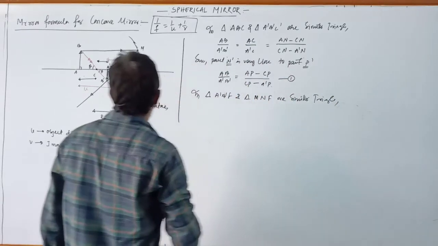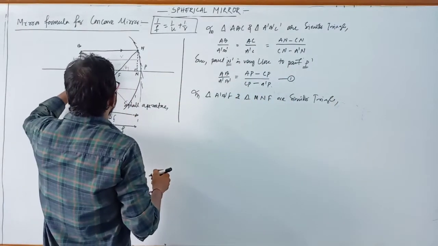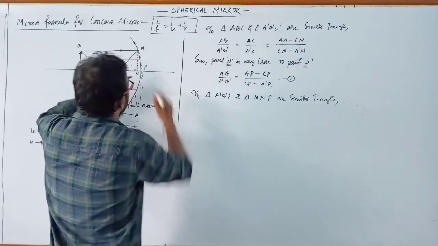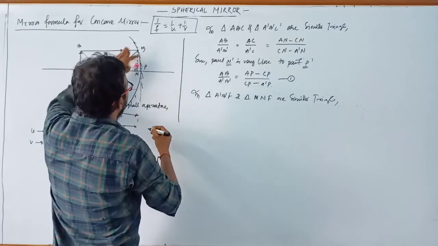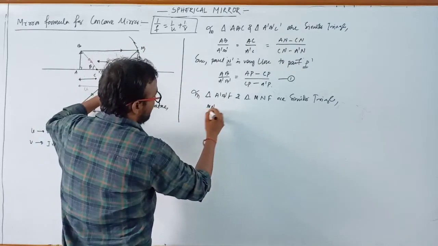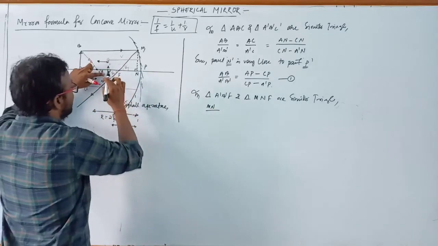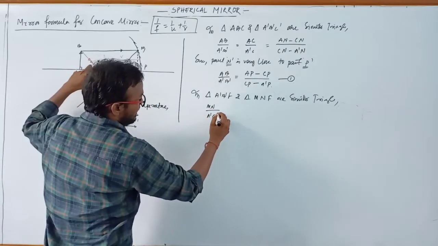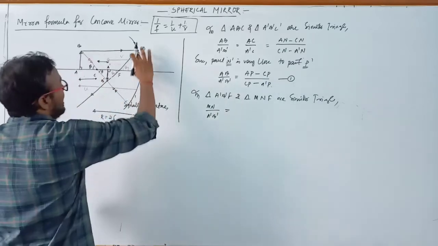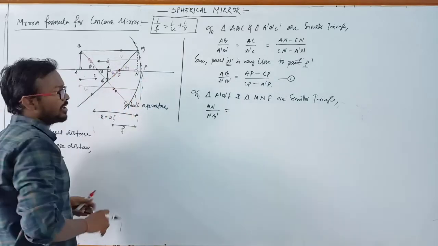So if these two triangles are similar, then we can write MN divided by A'B', which is equal to MN, because this F is the common point.